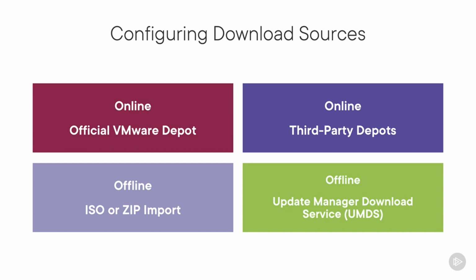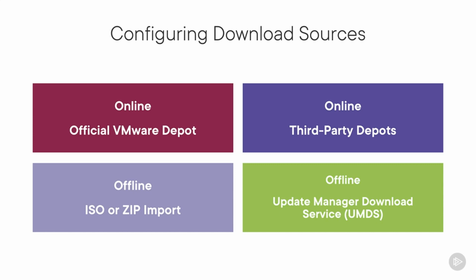You can use this service called the Update Manager Download Service, which is actually a single shared repository that can be used as an alternative to the official VMware Online Depot. So if you choose to use Update Manager Download Service, this would be a shared repository that you update or populate yourself, and then you point your vSphere Lifecycle Manager server to it to download all of its patches.